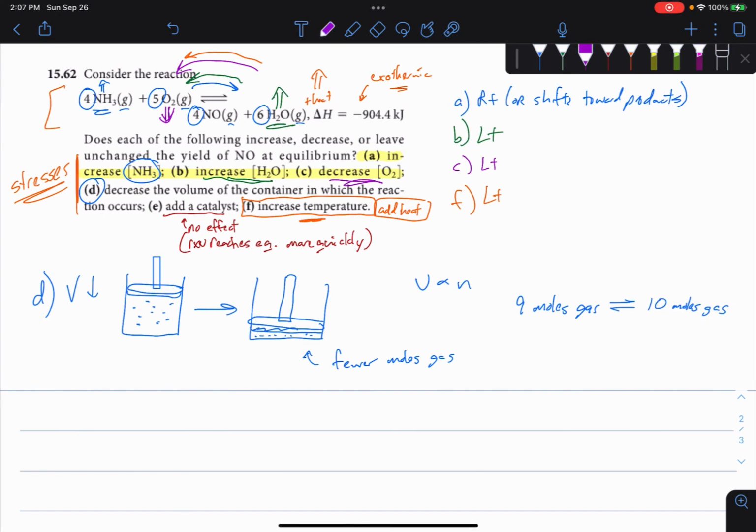So if I'm trying to decrease the number of gas particles, there's only one direction I can go in this equilibrium. I want to go to the lower number. So the answer for D is that it shifts back to the left, trying to decrease the number of gas particles because you've given the molecules less space to move around in.